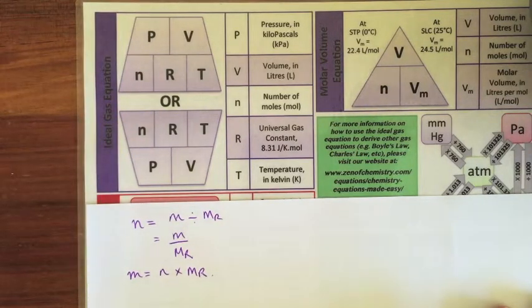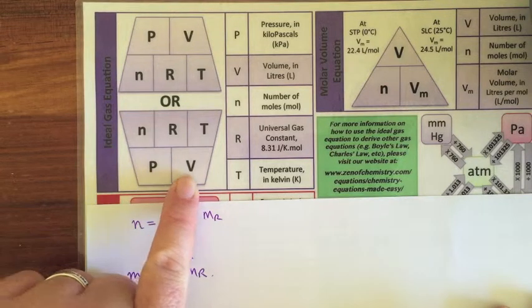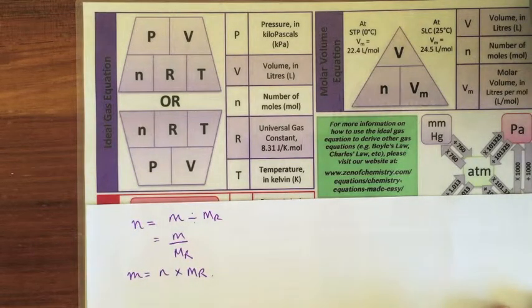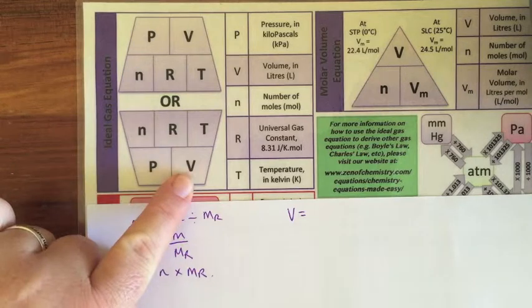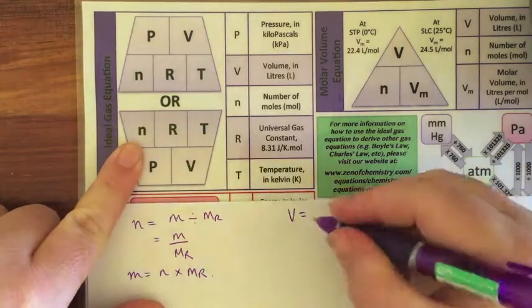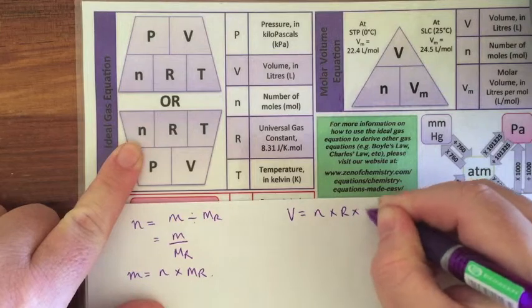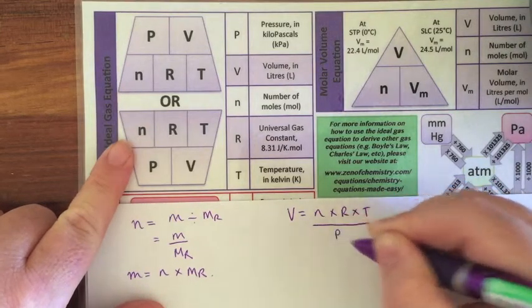And in this case, what we have to be sure of is that if we're looking for, say, V, V is on the top in our top trapezoid, and V is on the bottom in our bottom trapezoid. So with these types of shapes we always want to choose from the bottom. If we want to find V, we would use this one because V is on the bottom. So it would be n times R times T divided by P.